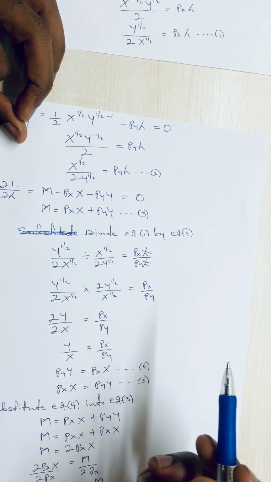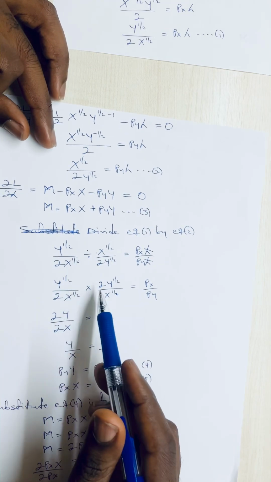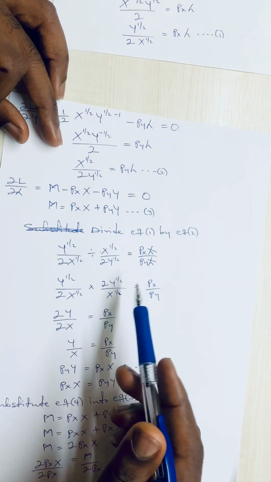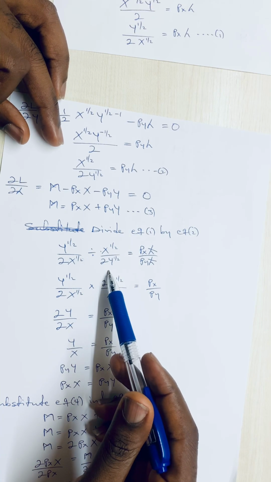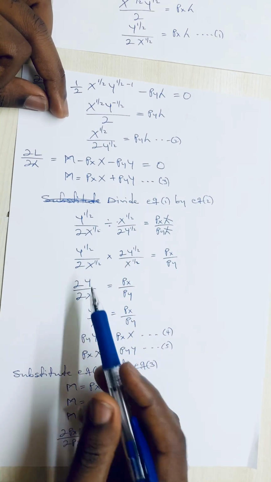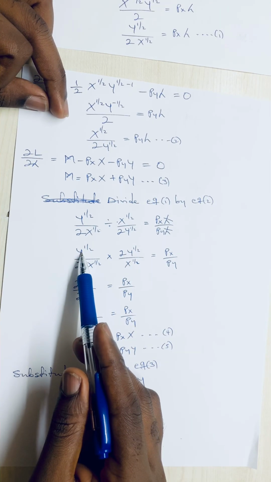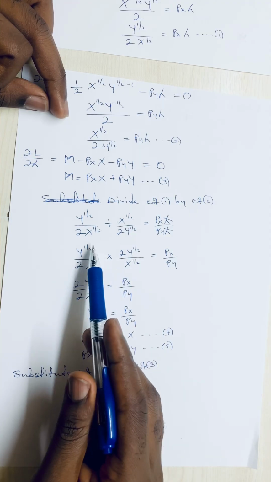Algebra states that division on division turns into multiplication, so the numerator goes up and the denominator comes down. Because they have the same base, the powers can be added.